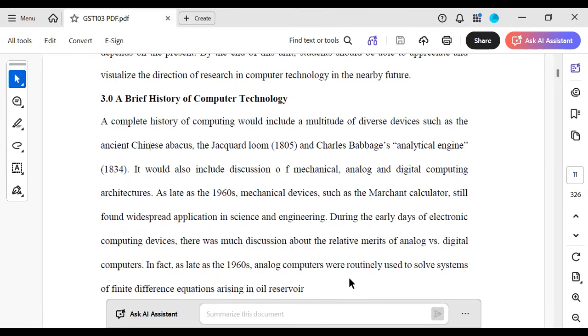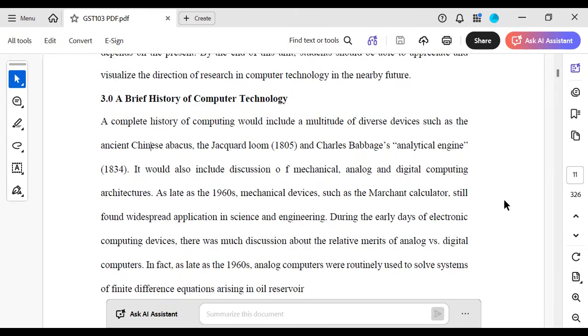In fact, as late as the 1960s, analog computers were routinely used to solve systems of finite difference equations arising in oil reservoir modeling.